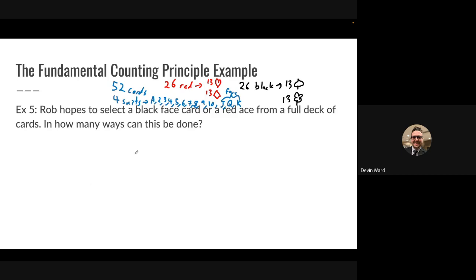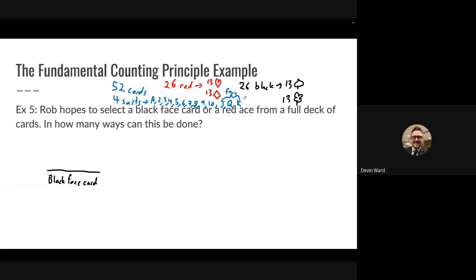Okay. So if Rob wants to select a black face card or a red ace from a full deck of cards, how many different ways can this be done? Each suit has these 13 cards. If we are looking at a black face card, for each suit we'll have a jack, queen, and a king.